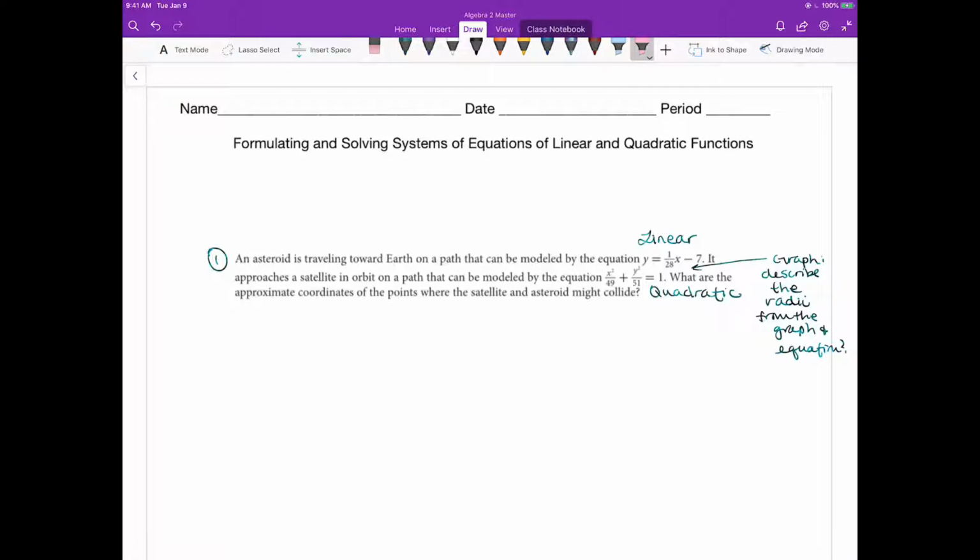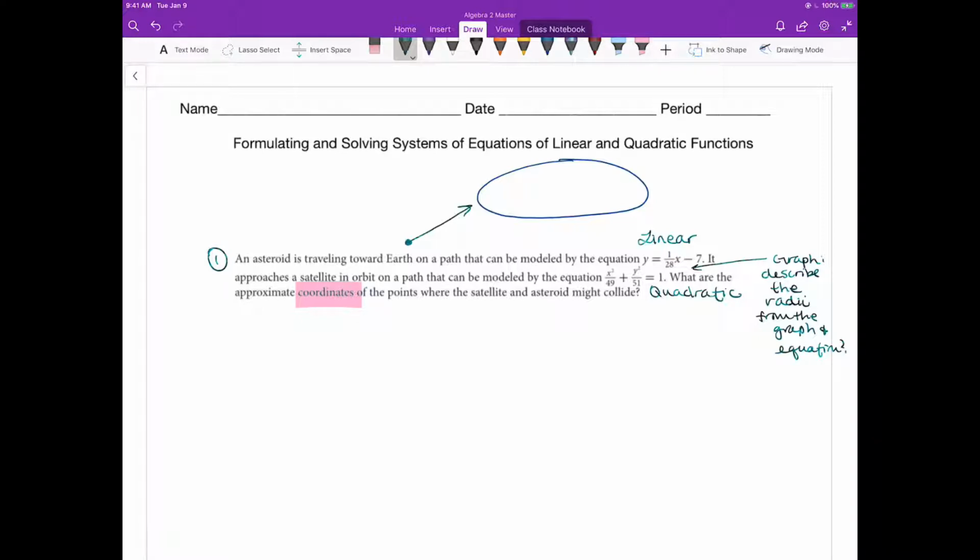But then we can finish the problem by reading the question stem, which says, what are the approximate coordinates of the points where the satellite and the asteroid might collide? So we're looking at this elliptical orbit, and if the satellite coming in at a linear direction will intersect with it and how many times.